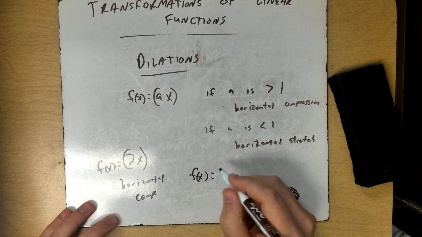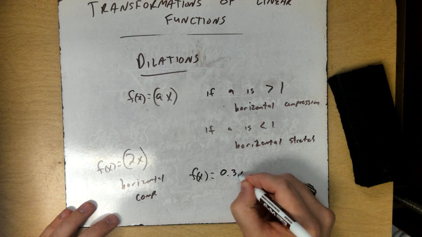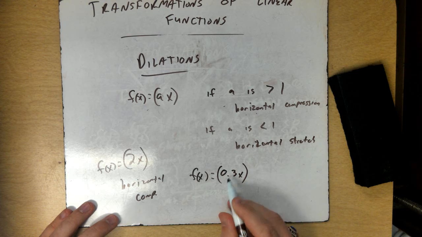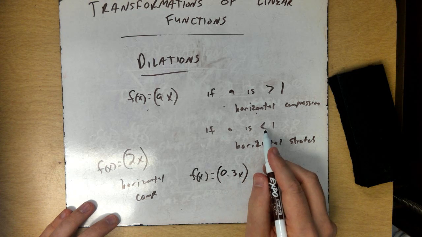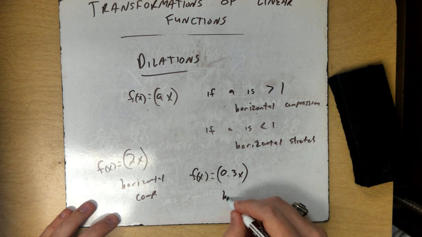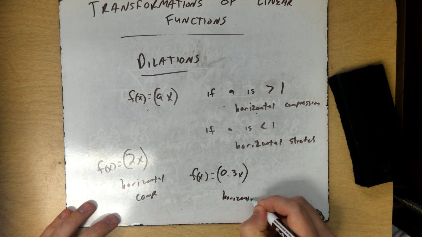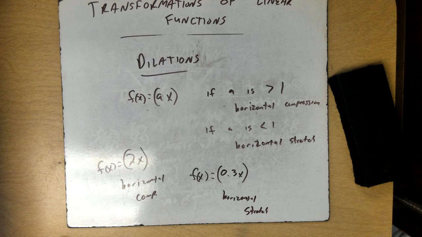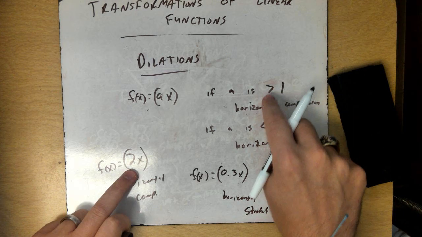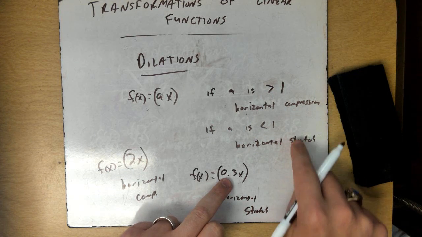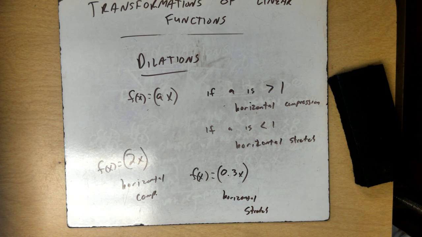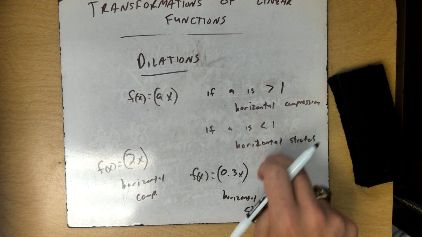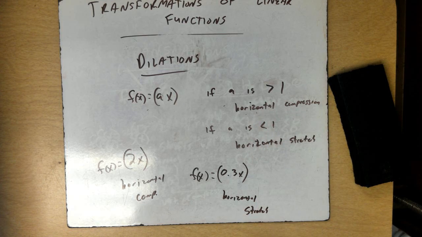And remember, if it's less than 1, so if I have a 0.3x, right, 0.3 is less than 1, right? So I have a horizontal stretch, okay? So greater than 1, compression, less than 1, stretch, and that's horizontally, okay? So if everything is in parentheses, it's a horizontal change. If only the x is in parentheses, it's a vertical change, okay?